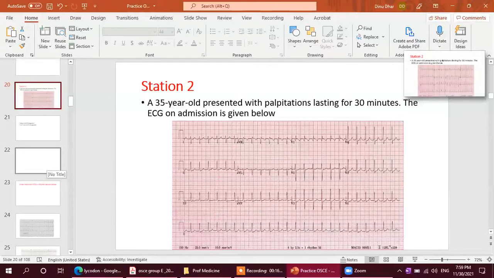When you get a tachyarrhythmia ECG, you should be able to identify the underlying rhythm diagnosis. That is very important.